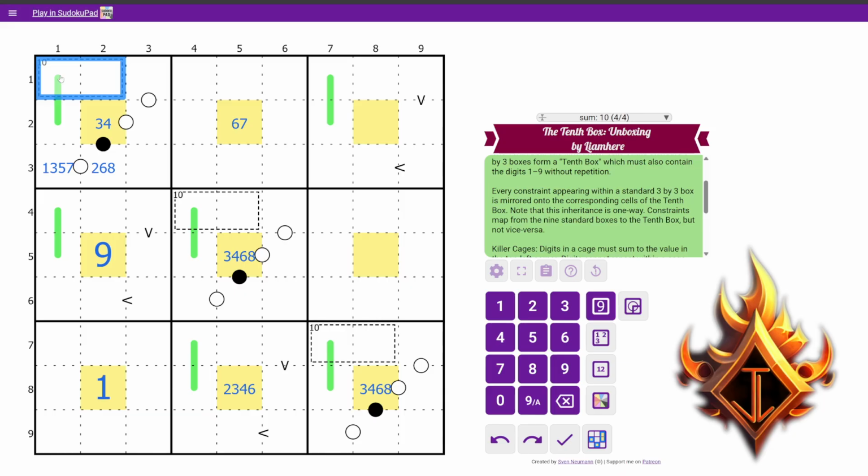Nine one cannot go in this box. I don't think that's a big deal yet. This and this cannot be 8.